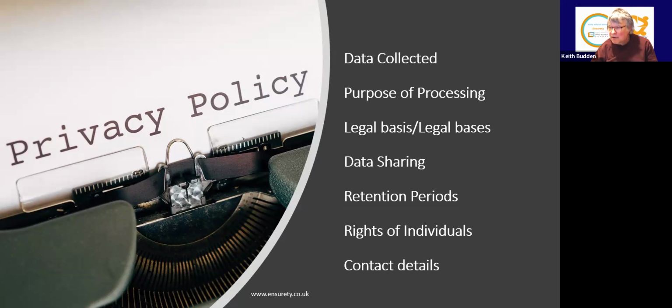be careful, because in a number of countries, and Germany is probably the greatest example of this, they have a national ICO, just like we do, a National Information Commissioner. But they've also devolved it, so each state within Germany has its own Information Commissioner's Office and Information Commissioner.